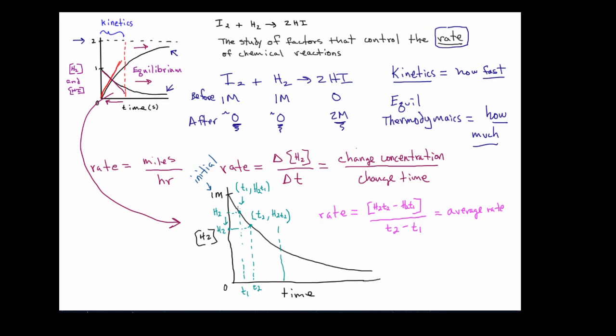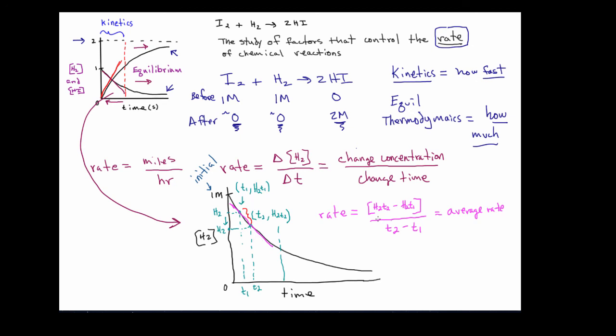So we can draw a tangent, and I'll get this as straight as I can. So we basically took a tangent to the curve, and the average rate that we found here, to be very clear about it, gives us the average rate for this interval in here, because this is where our tangent goes along the line.